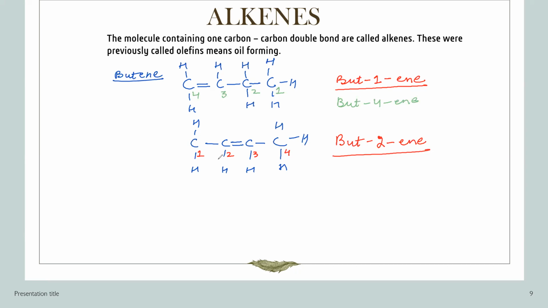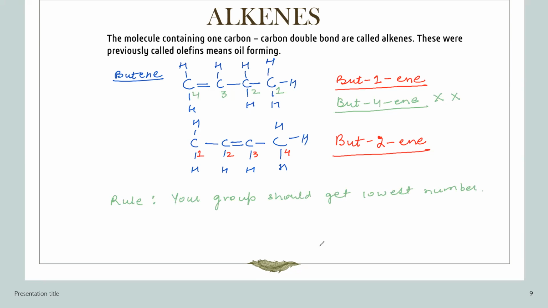Correct? But this is wrong, because we have a rule, and the rule states that your double bond group should get the lowest number.